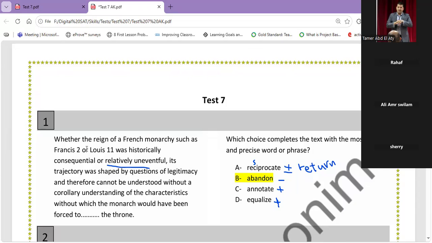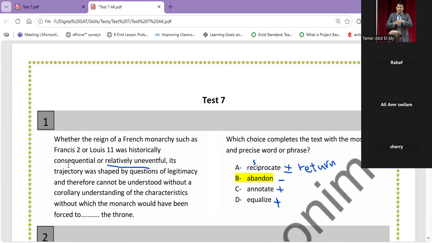He said whether the reign of a French monarch such as Francis II or Louis XI was historically consequential or relatively uneventful.